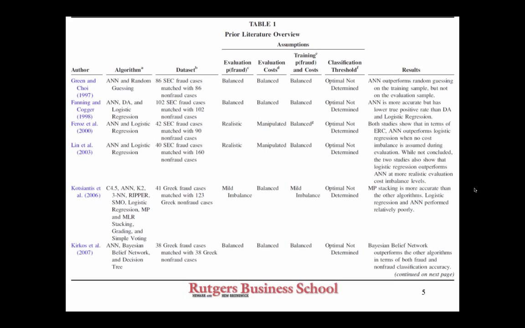Well, it's very simple. Just look at this. It's all explained here. The guys that this paper you're talking about, say the first one, right? Green and Choi, artificial neural networks and random guessing. 86 fraud cases and 86 non-fraud cases. They just used a matched sample.